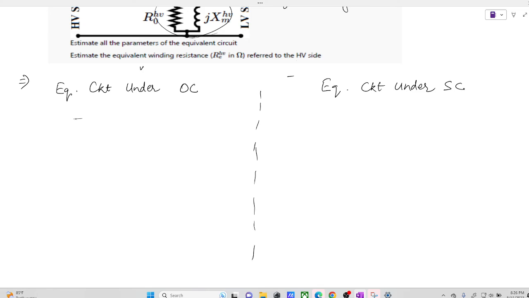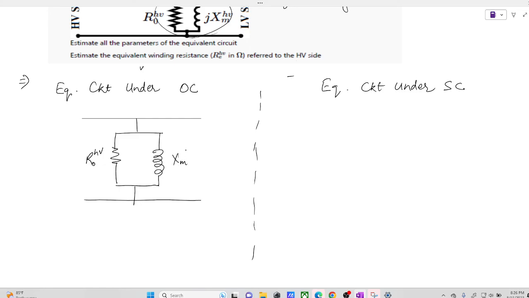Under the open circuit test we ignore the series impedance and consider the shunt branch, R0 HV and XM HV.